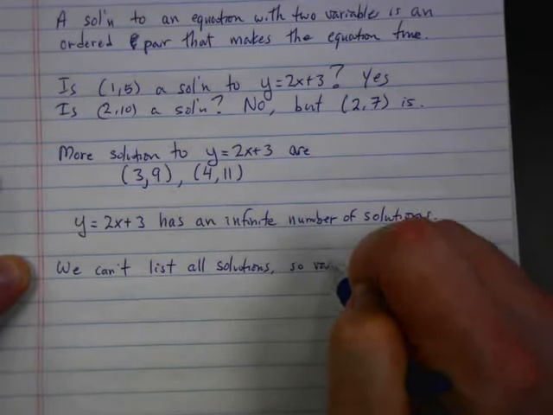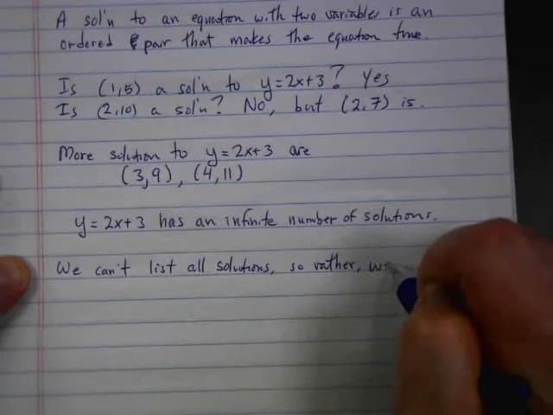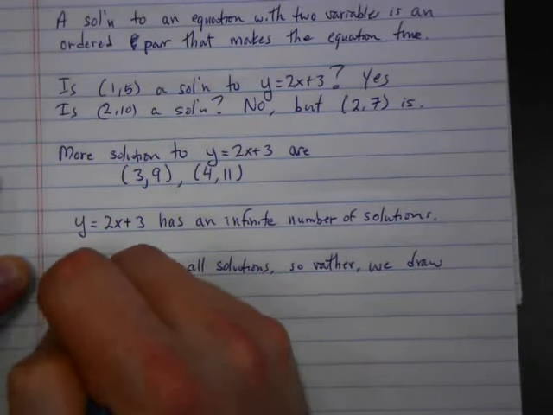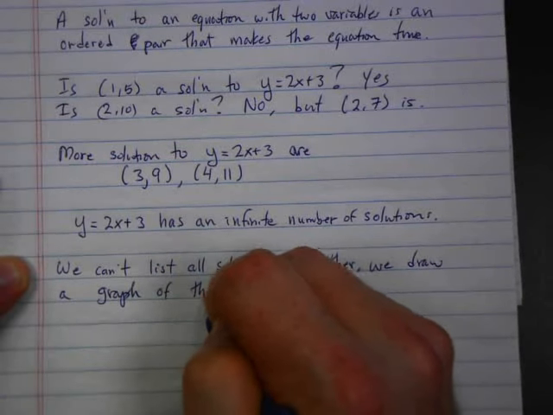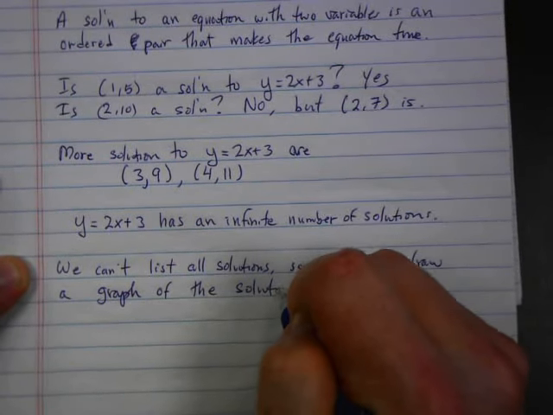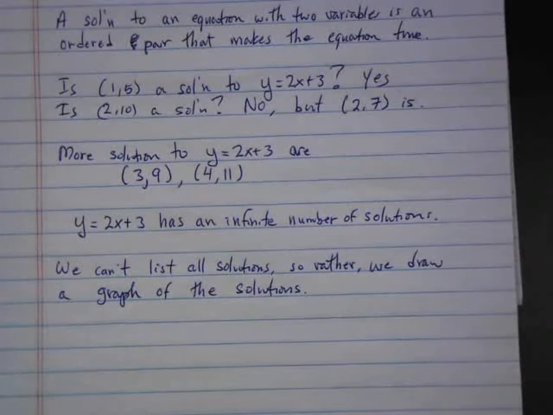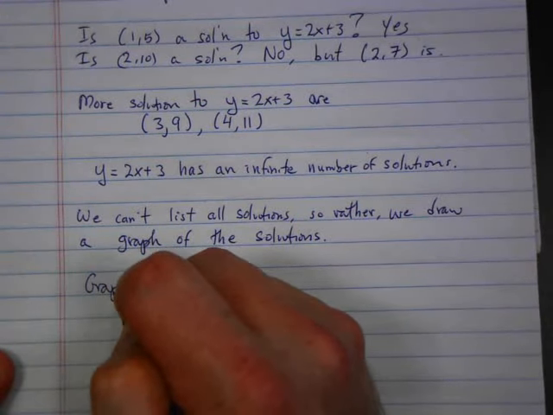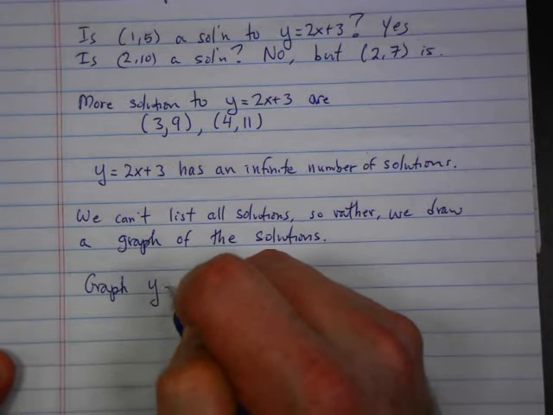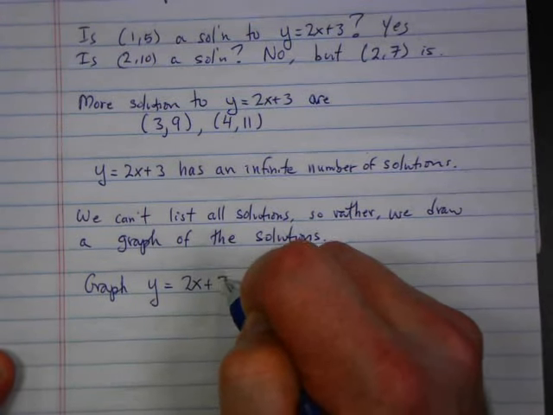So rather, we draw a graph of the solutions. Here's what's typically going to happen. I'm going to ask you to graph y equals 2x plus 3.